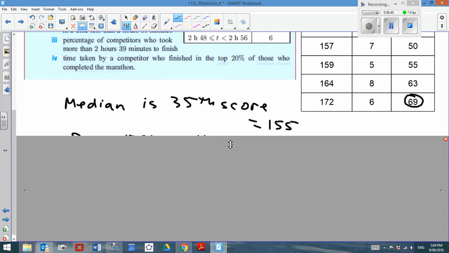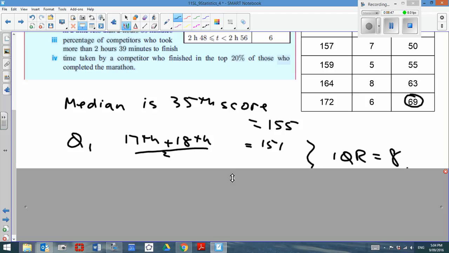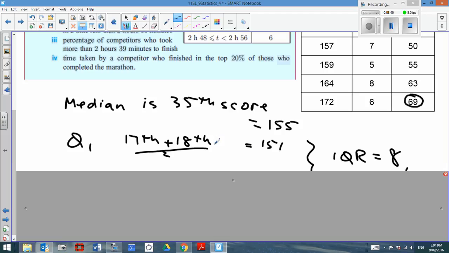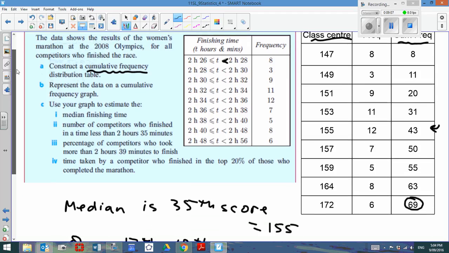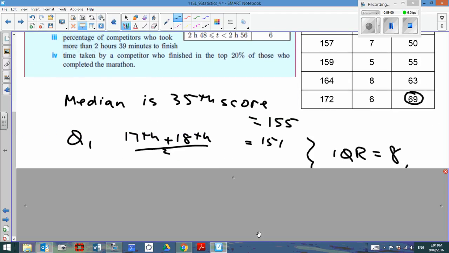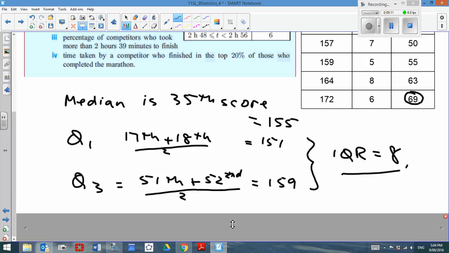I can similarly find my first quartile two ways. One, I could just break down my 69 values, so between the 17th and the 18th value is where my Q1 would be. That was at 151. And I think we changed all of these so the class center would be the total minutes. And I could do the same for Q3, between the 51st and 52nd.